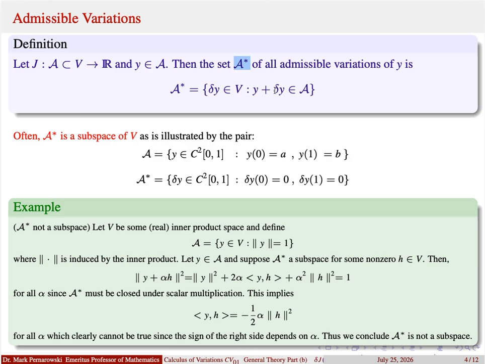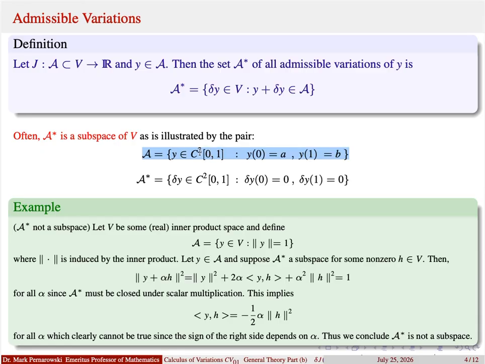Often the set of delta y's of admissible variations is a subspace, and I'm going to show you this in this example right below here. So here is an example. A is an admissible set. It's C2 functions on [0, 1].